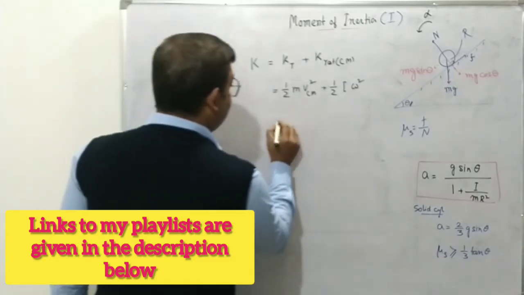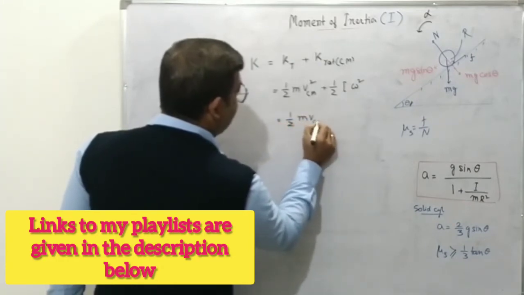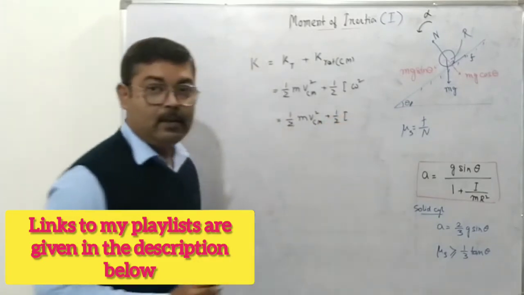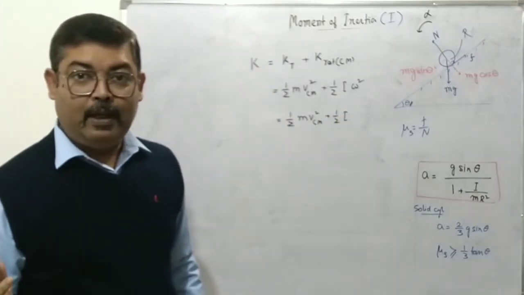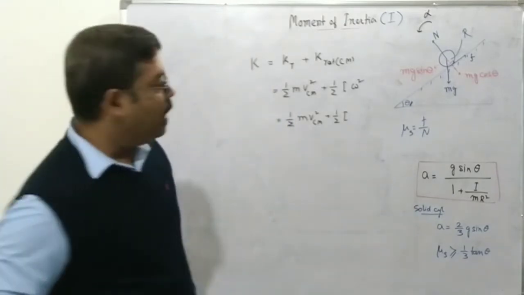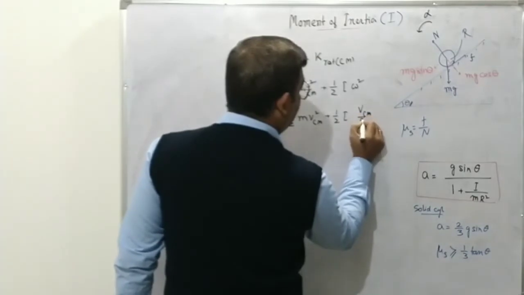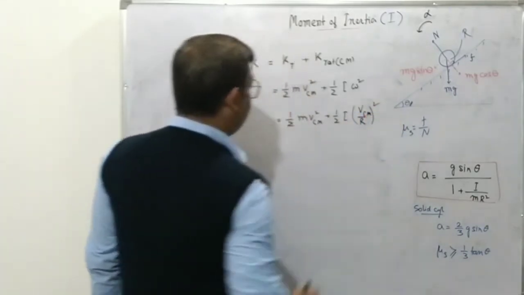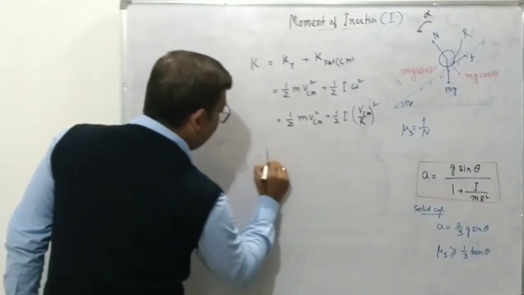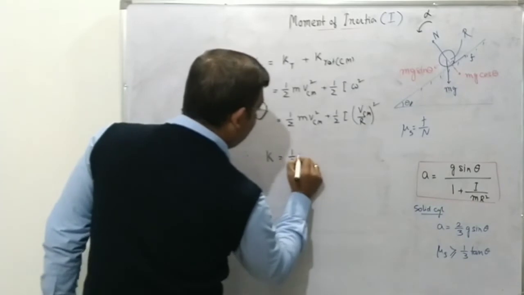See, r omega equals v, so omega will be v cm by r. Therefore, total kinetic energy of rotation or rolling will be half m v cm squared plus half I times v cm by r whole squared.